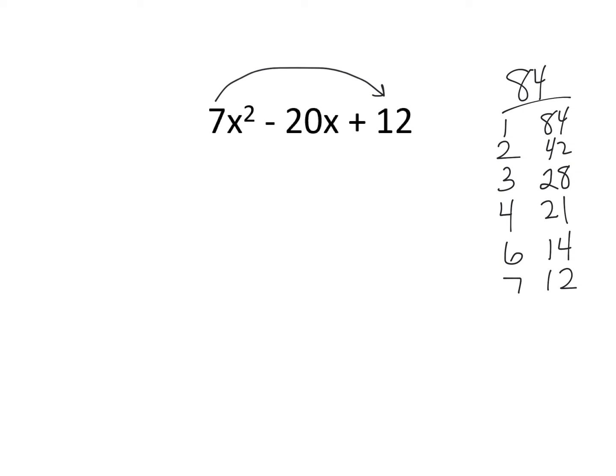All right, so it is a positive 84 because positive 7 times positive 12 gives me a positive 84. But I am looking for two numbers that when you add them are going to be negative 20. So basically all these have to be negative.